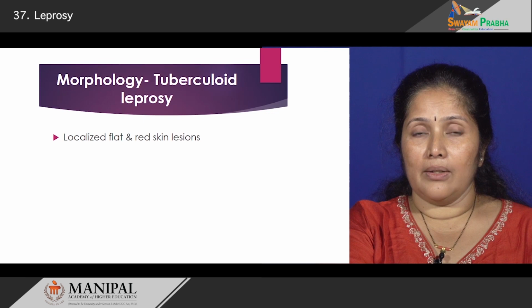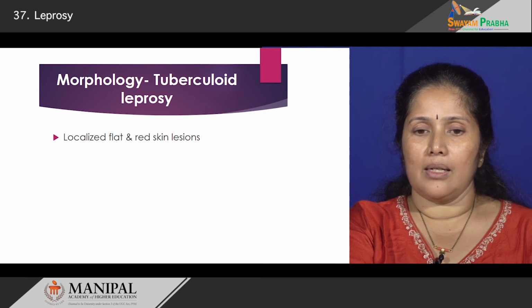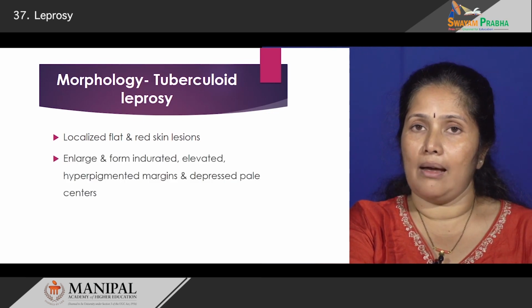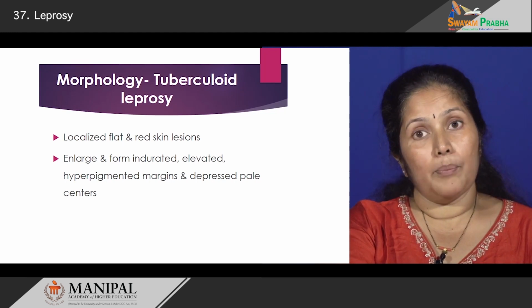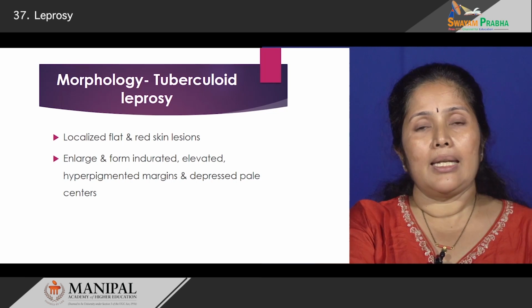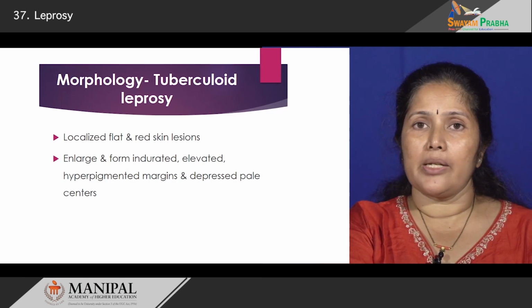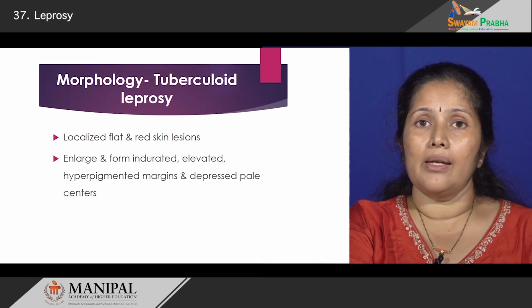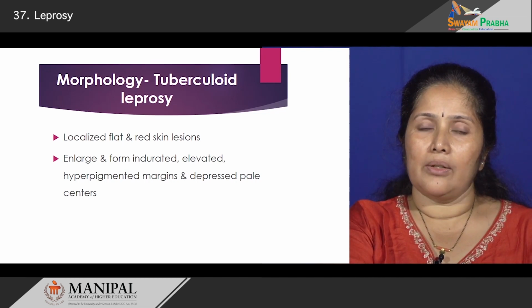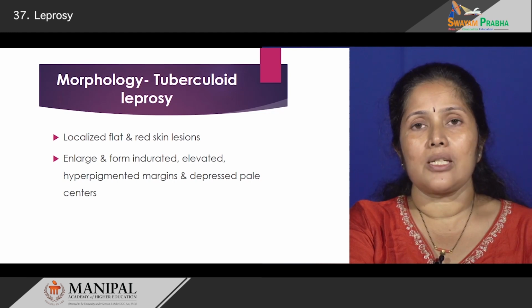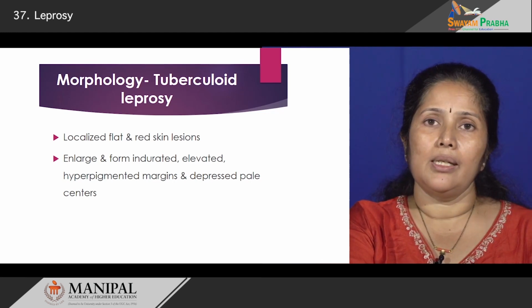They are initially slightly red-colored skin lesions, and as they enlarge, the lesion becomes more and more indurated. It has a hyperpigmented margin, and in the center the lesion tends to clear out, and that is the area where a lot of healing is occurring. So, the center portion of this lesion becomes pale, while the periphery appears more hyperpigmented.